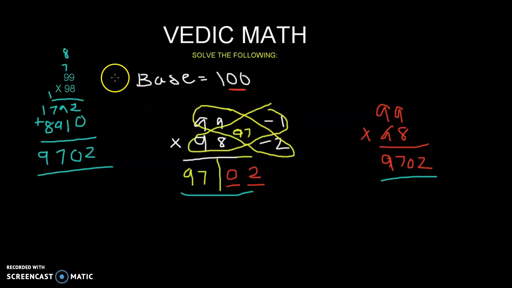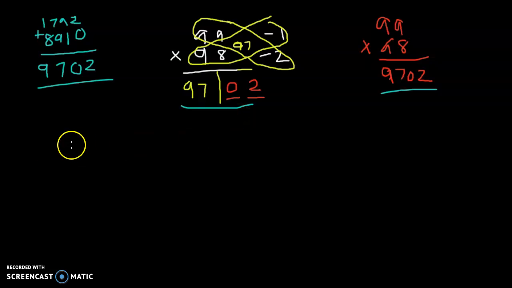So let's try again, but with a higher number. Let's do 970 times 999. How about that?